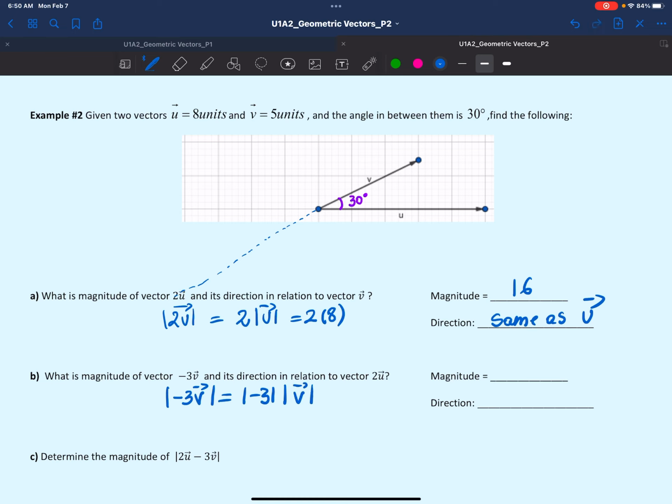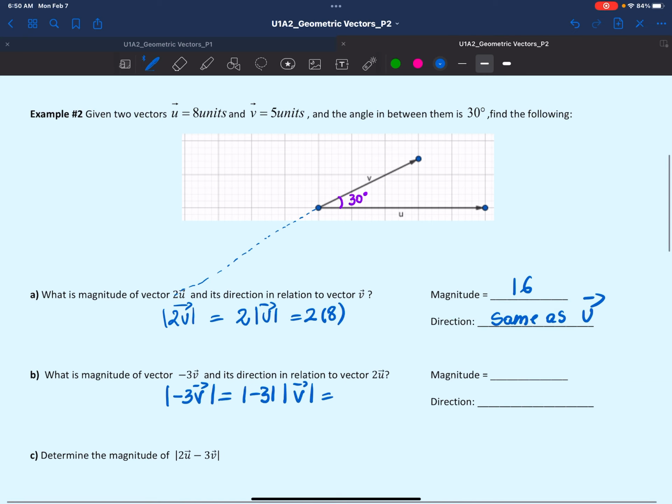So the absolute value of negative 3, right? So that would be 3 times 5, because vector v is 5. And that would equal 15 units. Let's write units in here. So we express the answers in proper form. So the direction will be opposite to vector v.